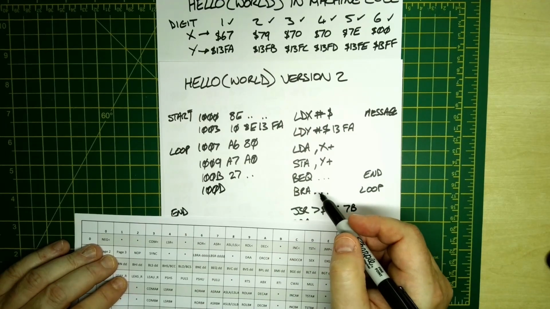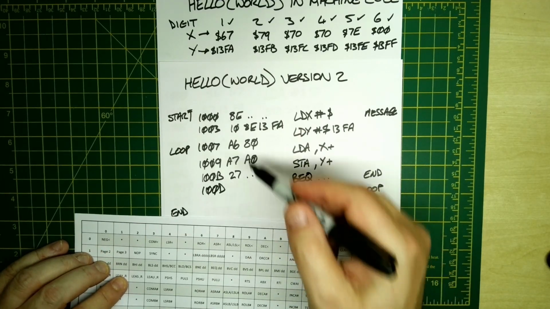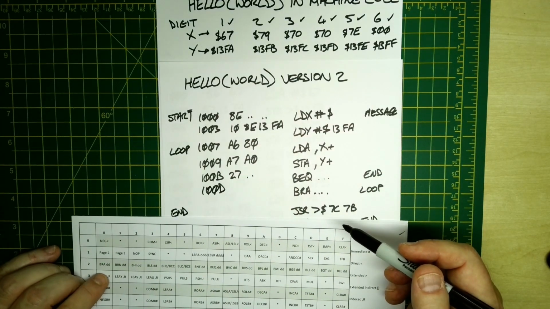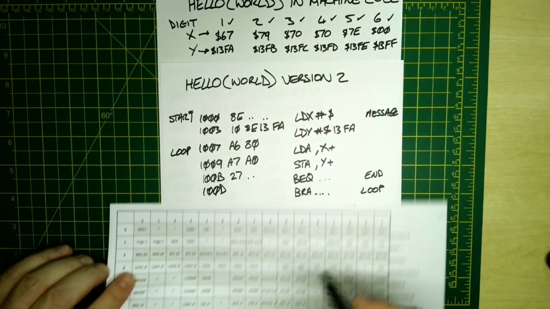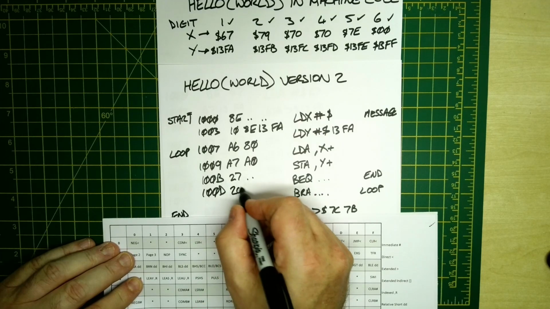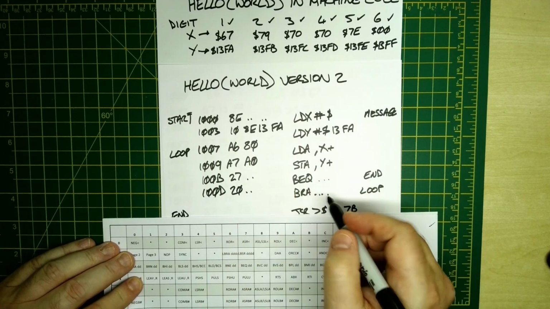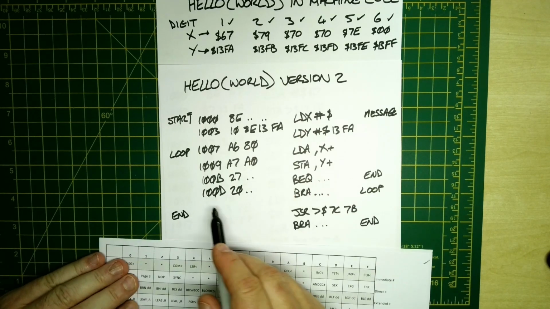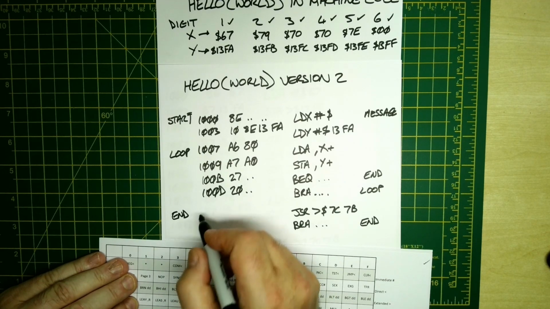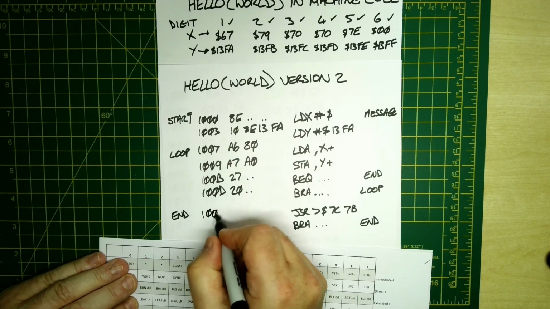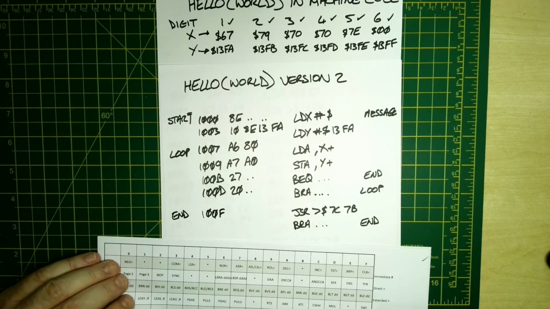And this is just going to branch back to loop. So we need to look at branch, and branch is 20, and then whatever the loop value is. So then the next address down here is 100E, this will be 100F, and that's our end marker.